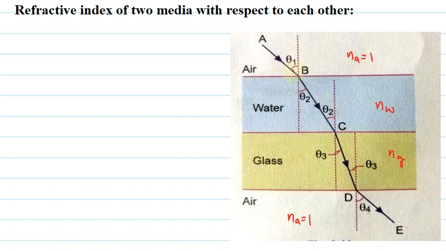Also, the angle of incidence theta 1 is equal to the angle of emergence theta 4. So I can write theta 1 equals theta 4.